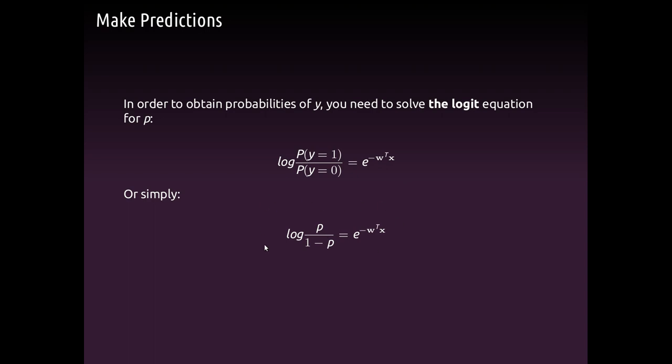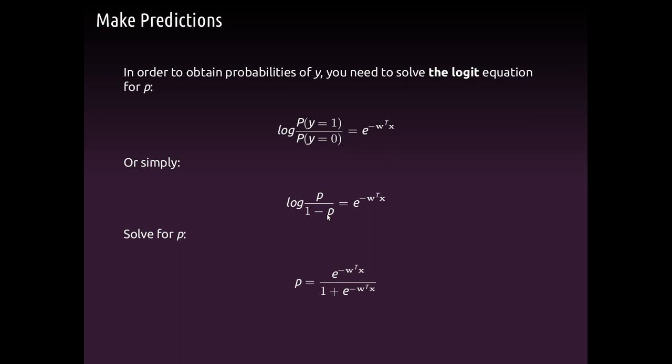So we can write it simply in this formula, and we need to solve this expression for the value of b. And when you solve this expression for b, you find that b equals e minus e to the power of minus w transpose x divided by 1 plus e to the power of minus w transpose x.